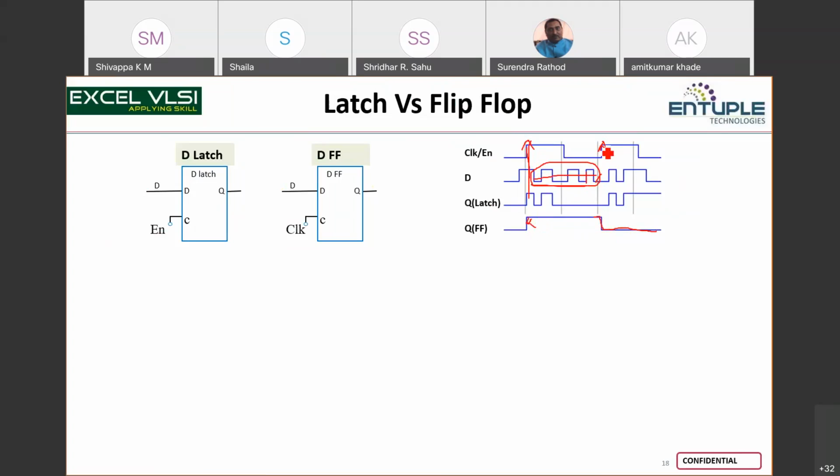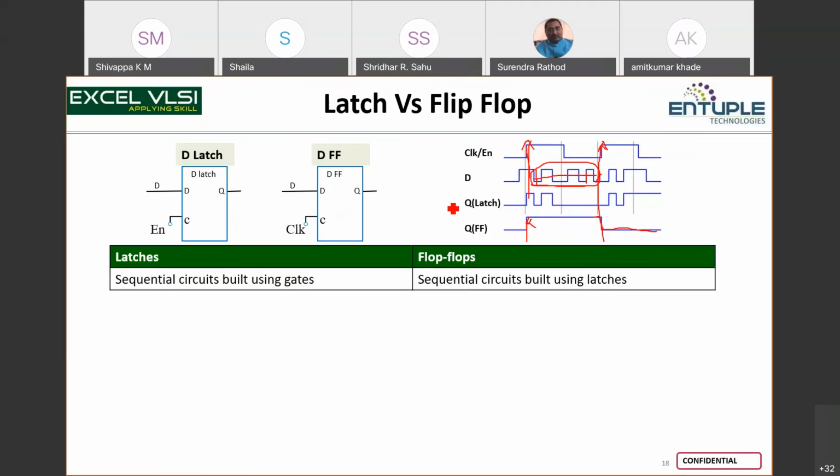So that is where flip-flops are very useful. If you use latches, it passes the input to the output as is. We don't know whether it is noise or a useful signal. Even a small glitch or noise can get passed to the output in the case of latches. So that is the difference.